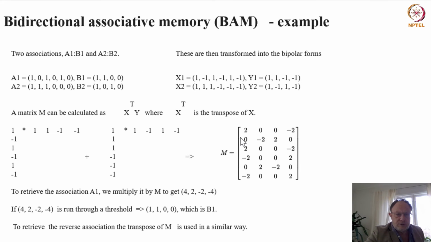We don't have much time to go into the details of BAM, but on this slide you can find a simple example that illustrates how things work. What you do is store associations between various patterns in this memory, and you can observe up to the left that the two patterns that we associate can have totally different forms.